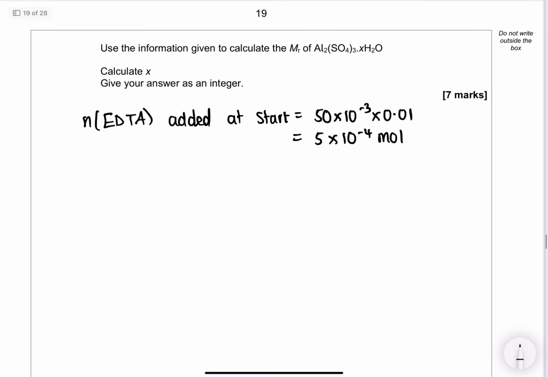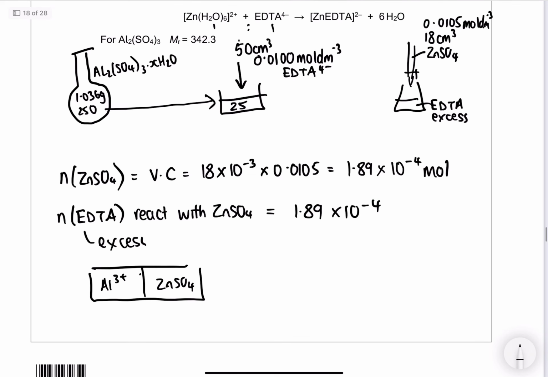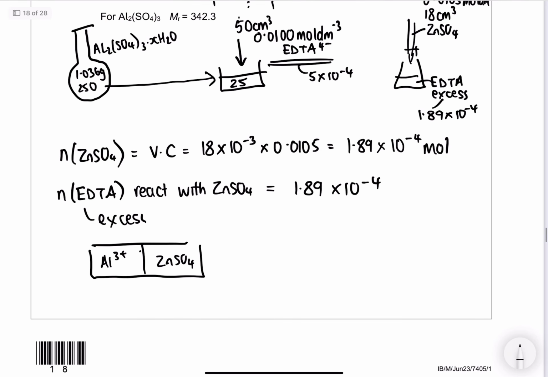Okay, so how many moles of EDTA? We put the EDTA in here, 5 times 10 to the minus 4 moles, and by the time we got over here there was only 1.89 times 10 to the minus 4. The difference must be how much reacted with the Al3+ ions.